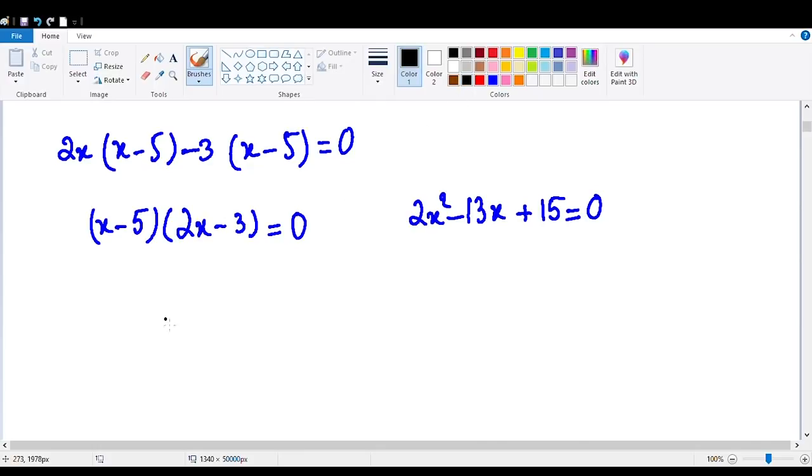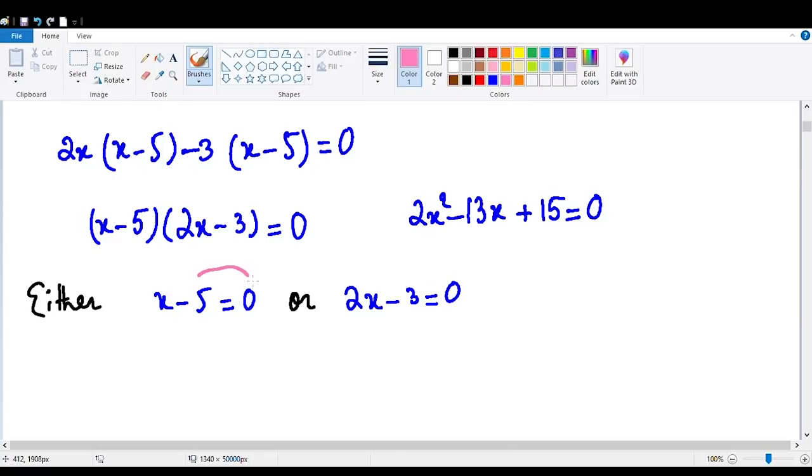So we're going to say either x minus 5 is going to be equal to 0, or 2x minus 3 is going to be equal to 0. And in the case of x minus 5, we can just send minus 5 to the other side, and we'll get x equals 5, because minus 5, when it goes to the other side, its sign will change, so it'll become plus 5. So x will equal 5.